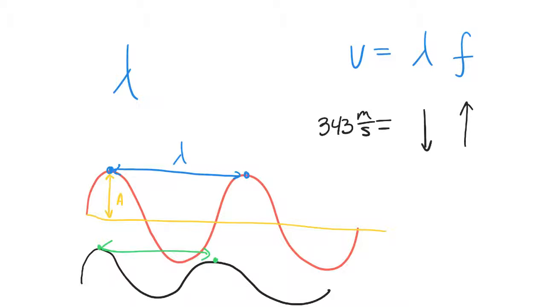Amplitude is not this full height change. It's from the midline to the maximum value. That's what amplitude is defined by, right here. Okay, the midline to the maximum. And what in sound is amplitude? That's the amount of the intensity, measured in decibels.